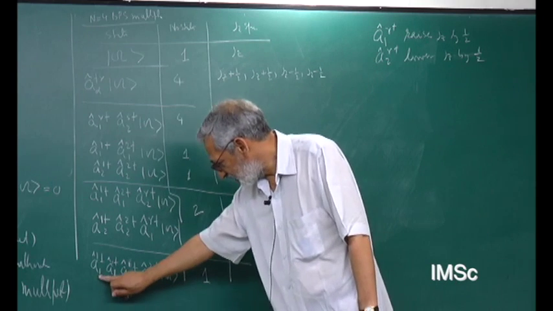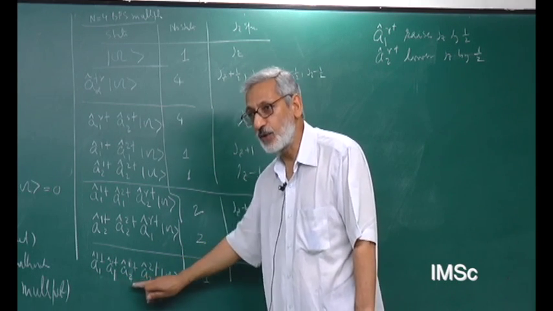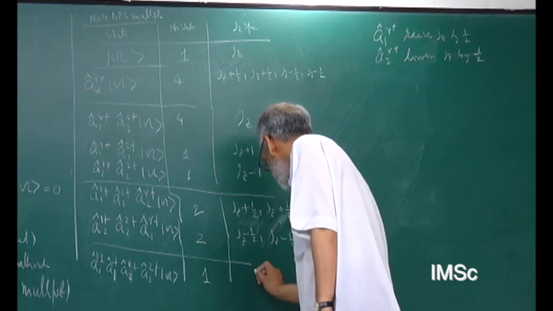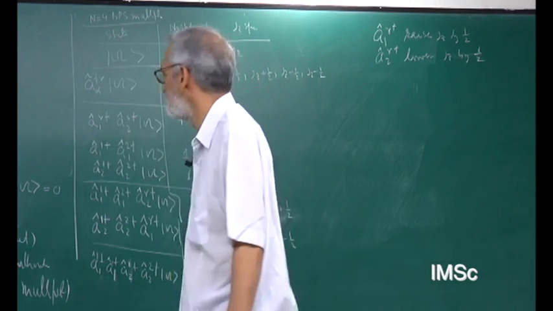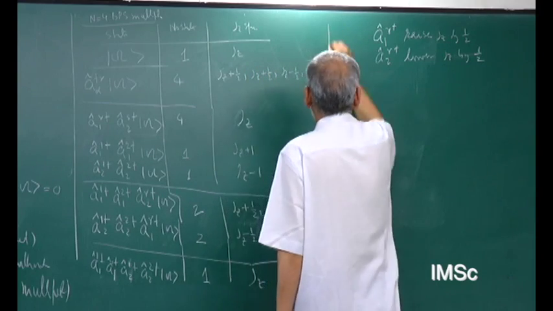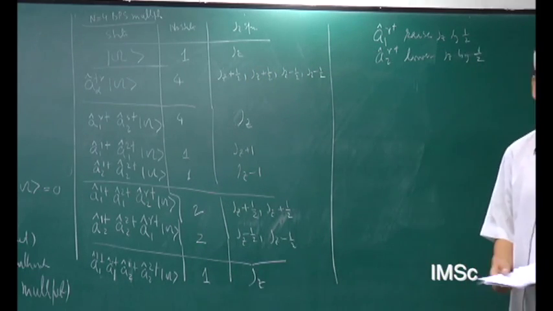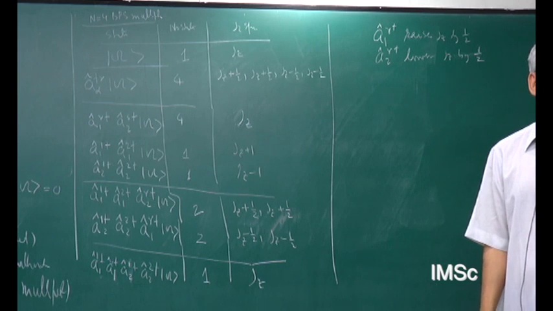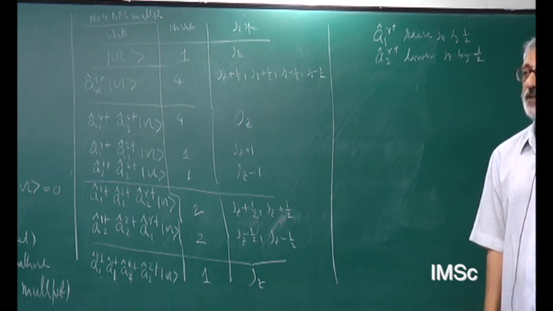And since there are two ones here and two twos here, they will raise and lower by the same amount. JZ spin is 0. This is a general representation of n equal to 4 BPS states.